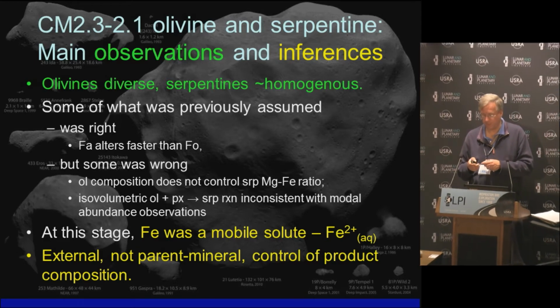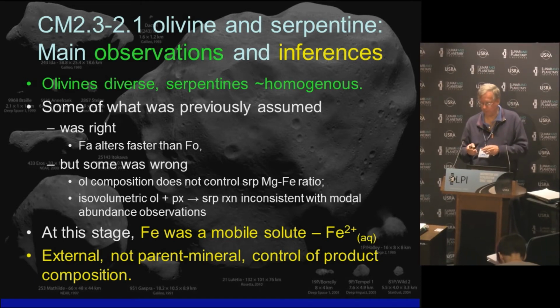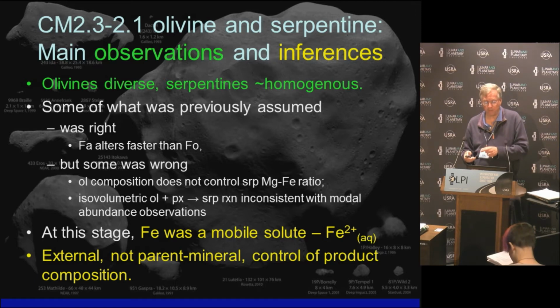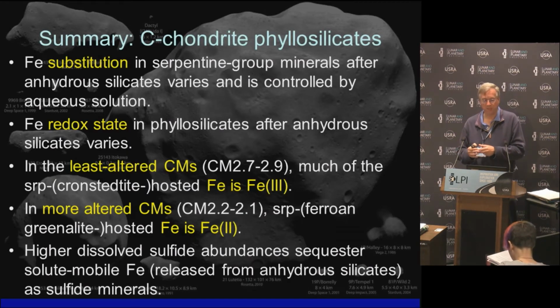An isovolumetric reaction, a different reaction in a different paper, is inconsistent with modal abundance observations, so some other reactions that have been used widely before can be disqualified. And at this stage of the reaction, the iron was a mobile solute with an external, and not apparent mineral, control of product composition. The last conclusion slide.